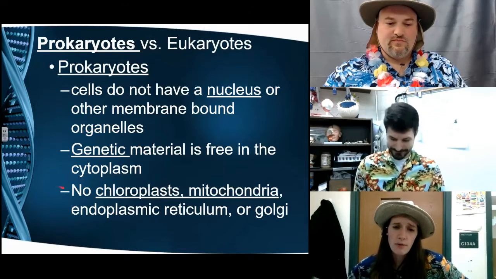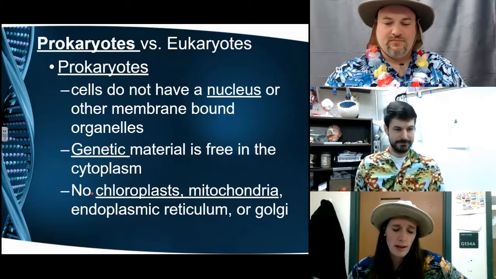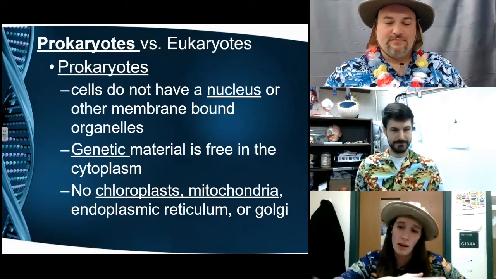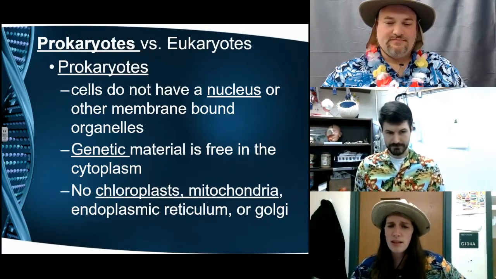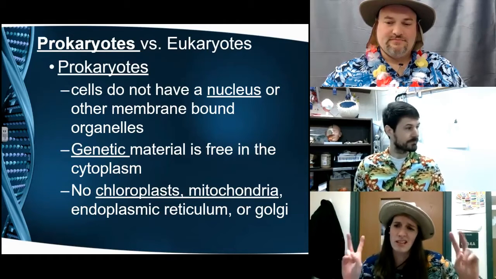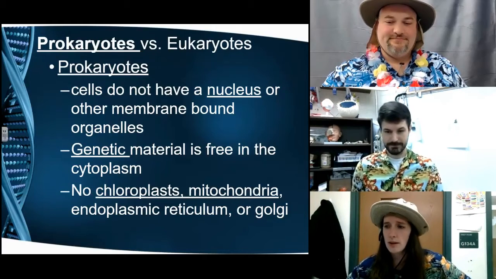And finally, they don't have chloroplasts, mitochondria, the endoplasmic reticulum, or the Golgi body, which are things you're going to learn about later in some of our lessons here. So if you don't know what those are just yet, that's okay. But basically, our prokaryotes are simpler. They don't have quite as many of these organelles that we see in eukaryotes.